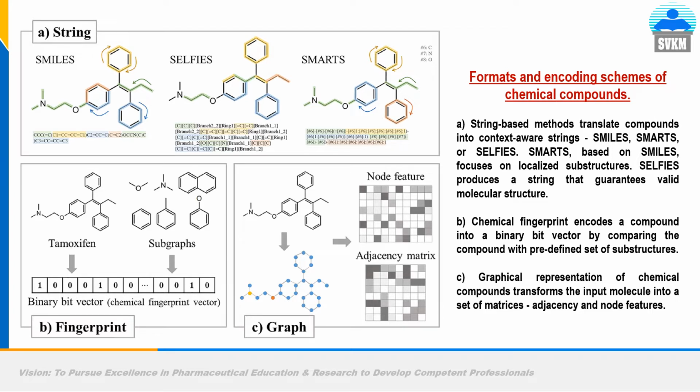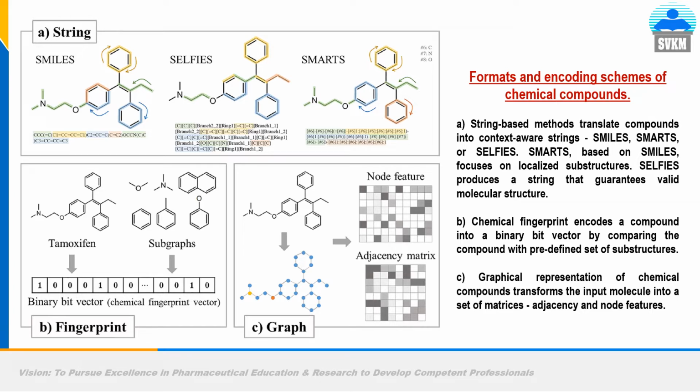Based on that preceding sequence or tokens, the system decides what should be the next letter, symbol, bond, or the word in a sentence if you talk about natural language processing. SMARTS is based on SMILES and focuses on localized substructure. On the other hand, SELFIES produces a string that guarantees a valid molecular structure.